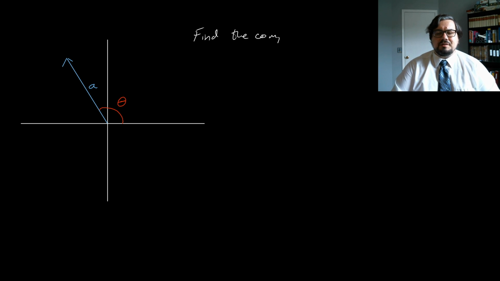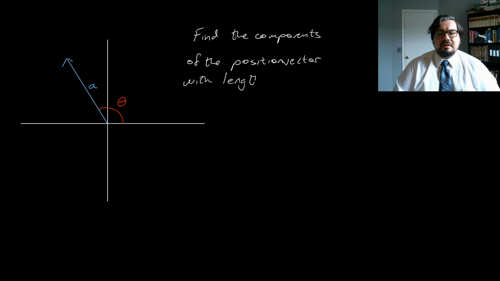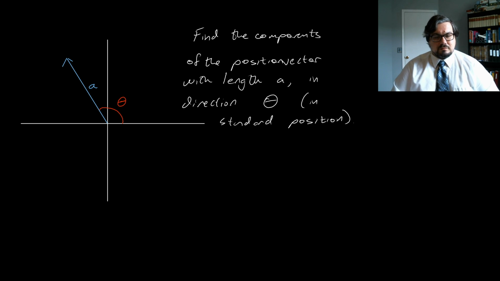And let's say we're given that the magnitude is A. So our problem here is to find the components of the position vector with length A and in the direction given by theta in standard position. That is, starting at the positive x-axis and moving counterclockwise.